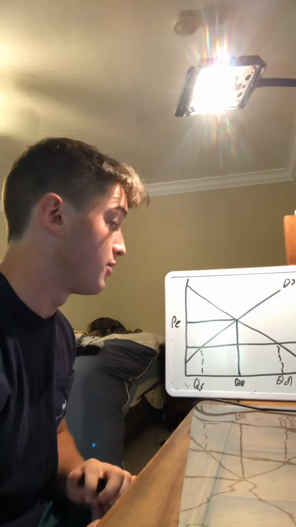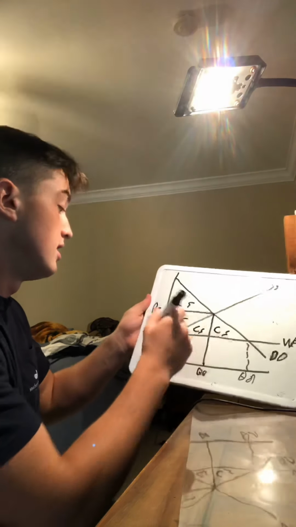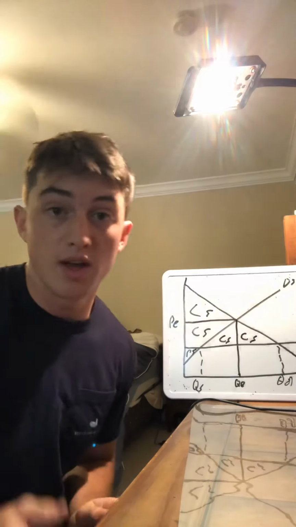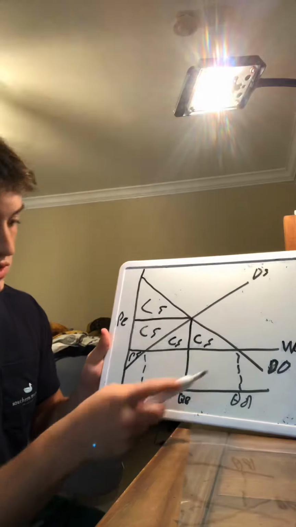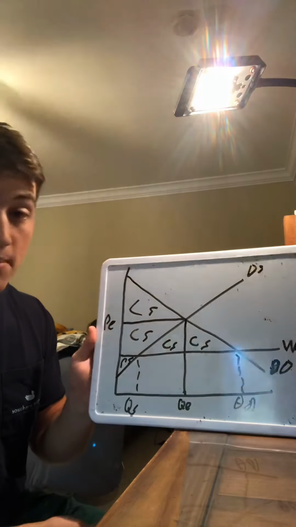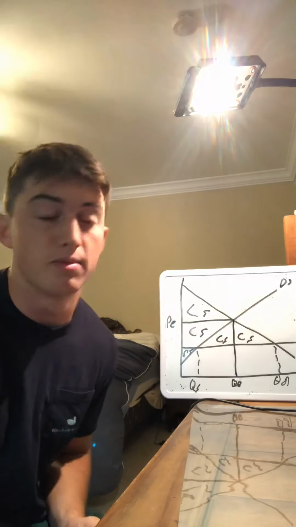So you have consumer surplus, consumer surplus, consumer surplus, and this small little triangle over here is producer surplus. So when you allow imports as a nation, we're importing, consumers are super happy, but producers are not as happy. Producers are losing from this.